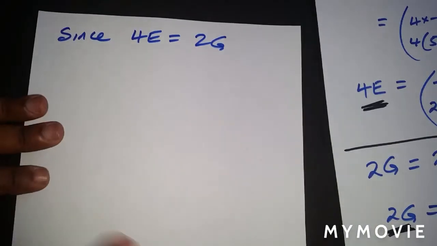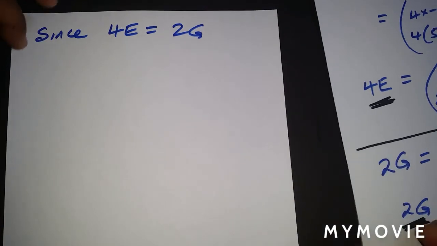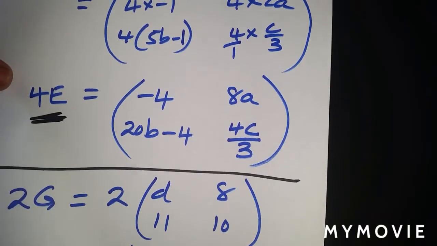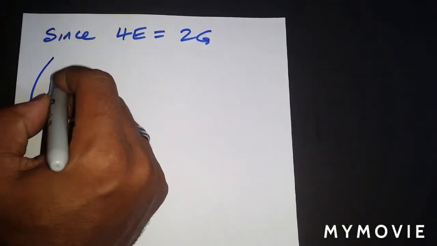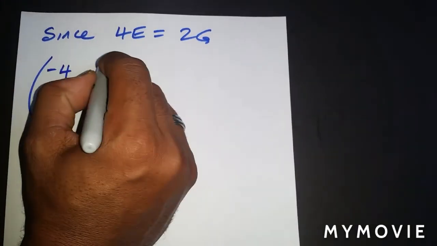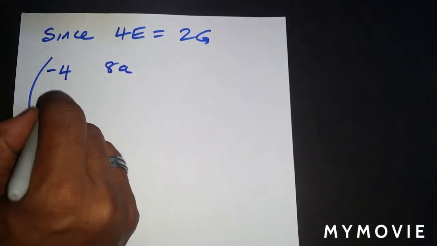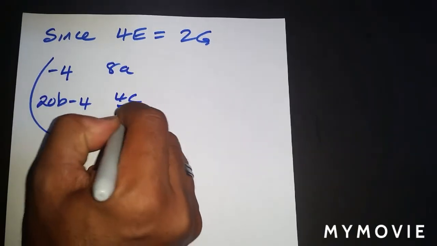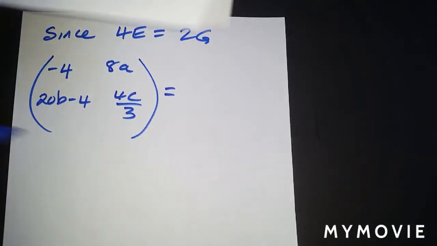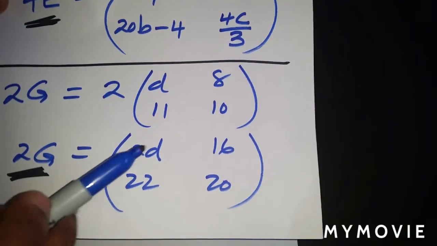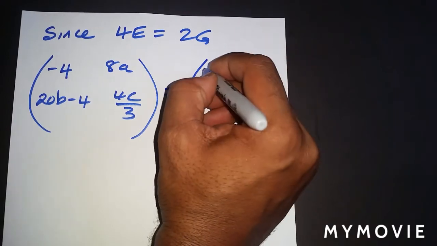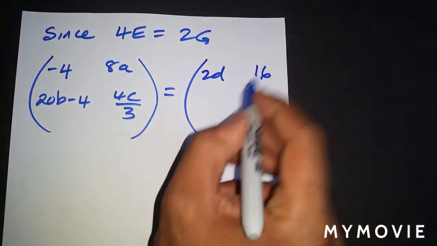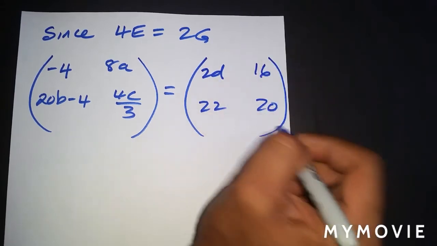So since 4E is equal to 2G, and we know what 4E is: minus 4, 8A, 20B minus 4, and 4C over 3. That is what 4E is, and this is what 2G is: 2D, 16, 22, and 20. So it's 4E is equal to 2G, and 2G is 2D, 16, 22, and 20.